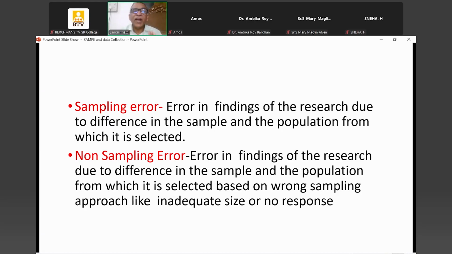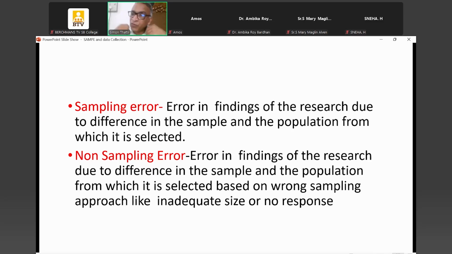So that way, I don't have a sampling error because everything that is there in the population is now represented in the sample. But there is what is known as the sampling approach going wrong. One approach going wrong is no response. Out of the 200 people that I took, there are 30 people in one age group or maybe in one income group who did not respond at all.